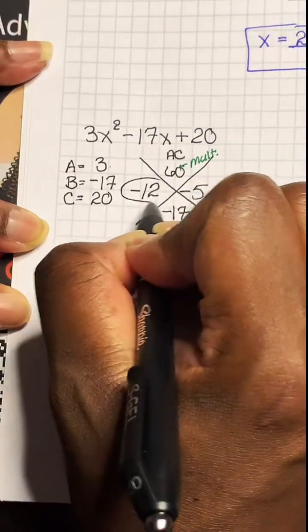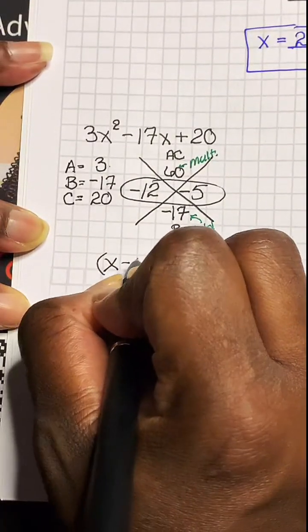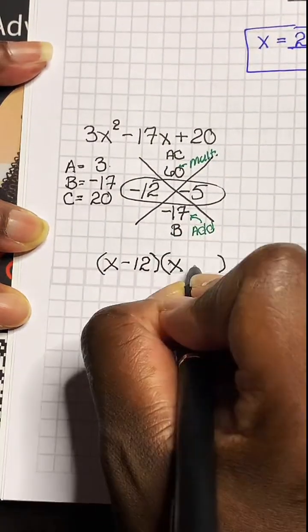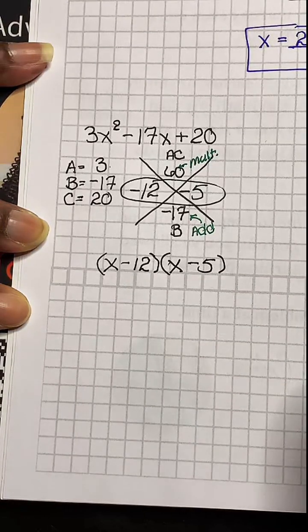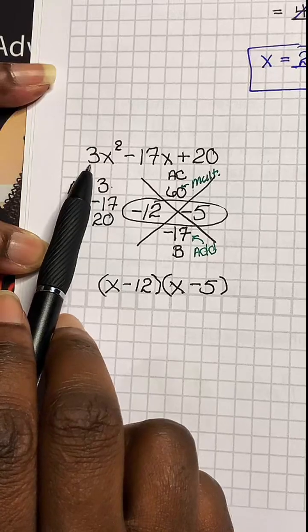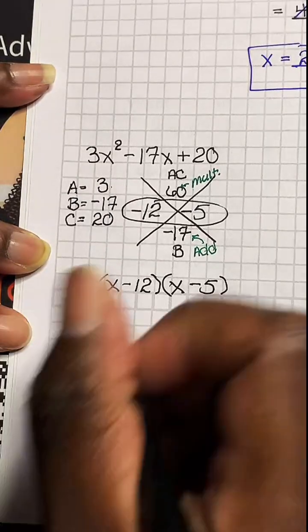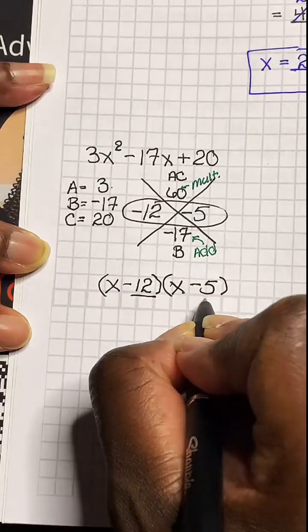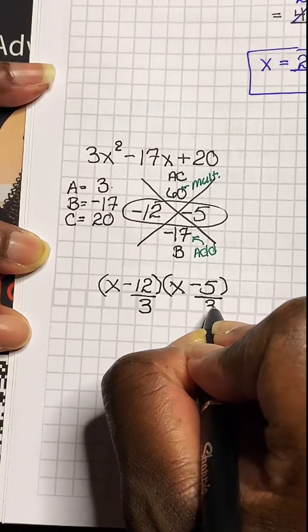And the two factors that we found, which is that negative 12 is going to go to one, and negative 5 is going to go to the other. But since our leading coefficient is 3, we have to divide the two factors that we found by that leading coefficient.